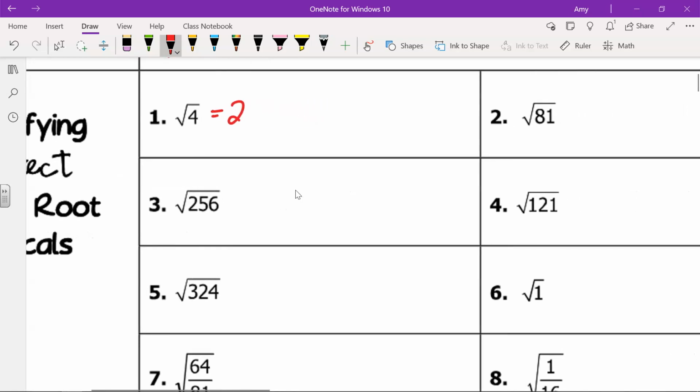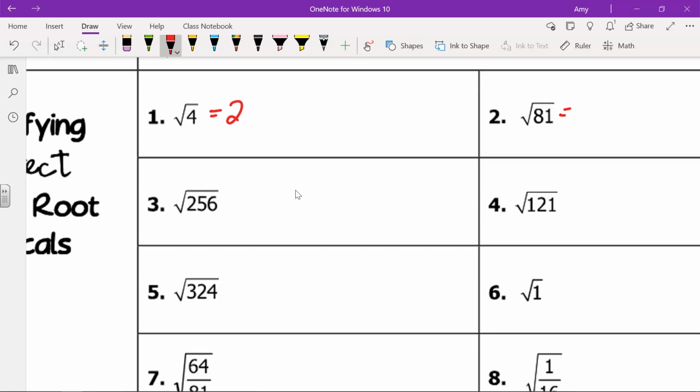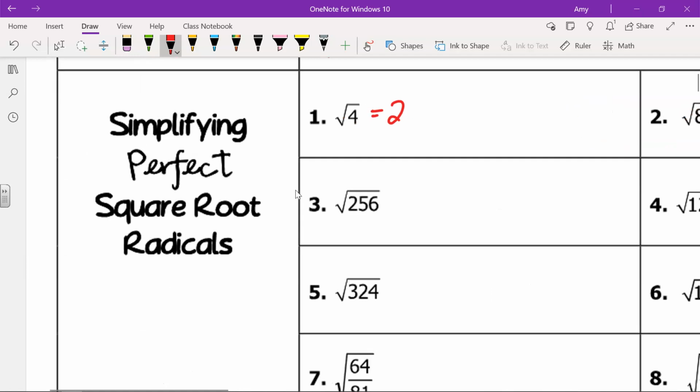What number times itself would give us 81? That would be 9. And we know that's the case because 9 times 9 is 81. Now notice that I am taking only the positive values. That's because we're not doing this thing.